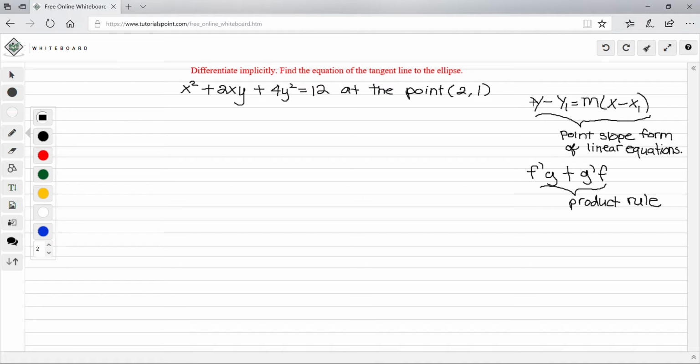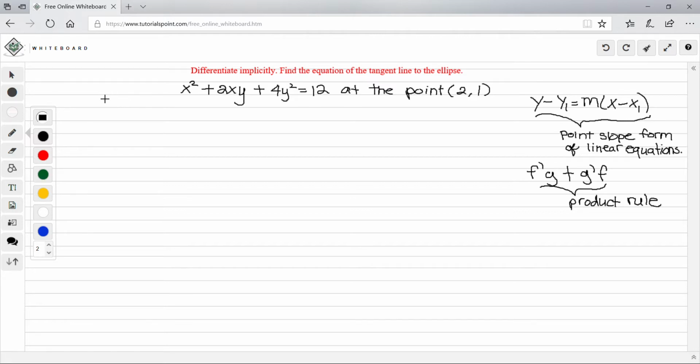Okay, so for this equation we want to solve for y. All we really need is to find the slope. How do you find the slope of this? You have to differentiate implicitly. Differentiate implicitly means dy/dx, right?